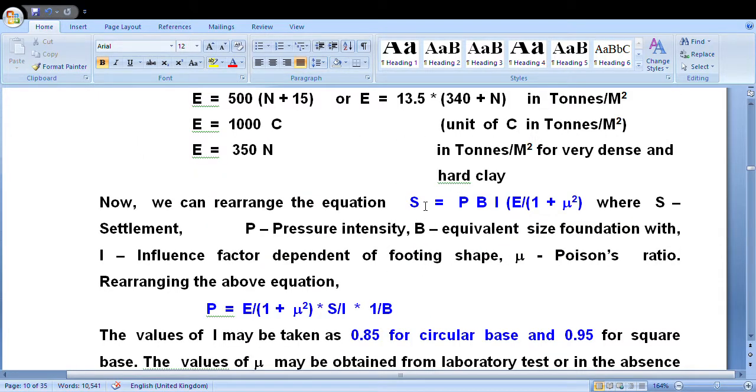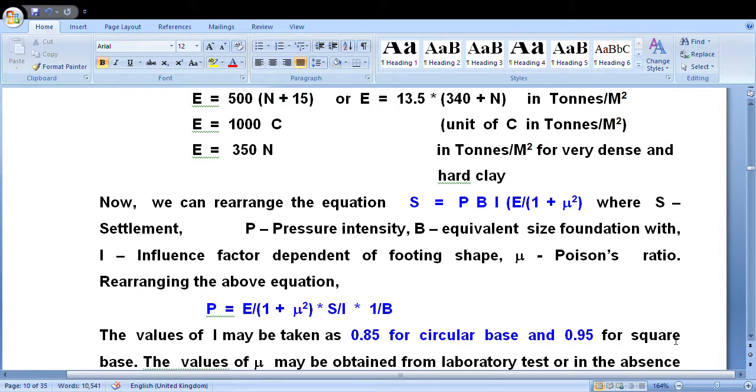From this equation, after calculating the settlement, we can rearrange it to calculate the base pressure also. Base pressure means our pressure intensity, which we normally call P. That is SBC. The important factor is this I, the influence factor: 0.85 for circular base and 0.95 for square base.